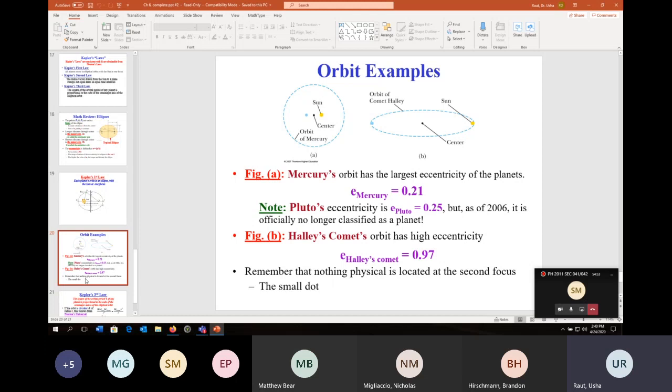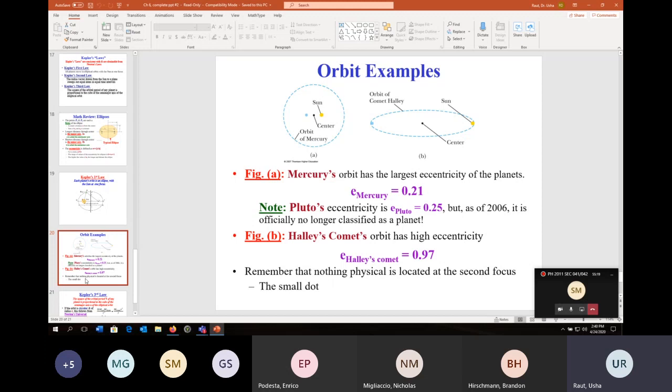And if you look at Halley's Comet, you can see that it's got a very, very high eccentricity of 0.97. I may just neaten up this slide before I post it. So the small dot that you see is the sun. So it's a very high eccentricity.